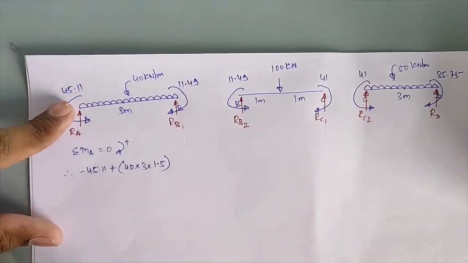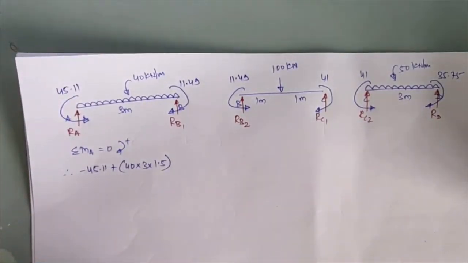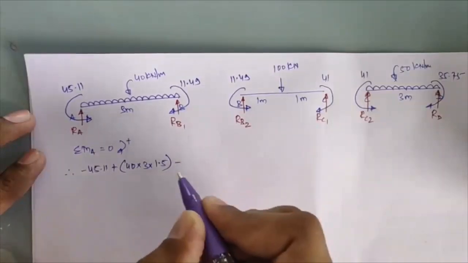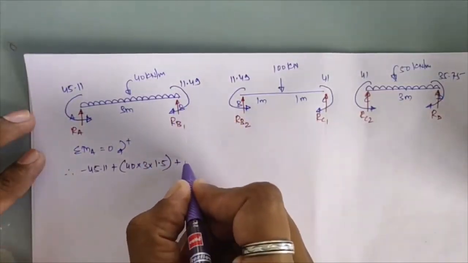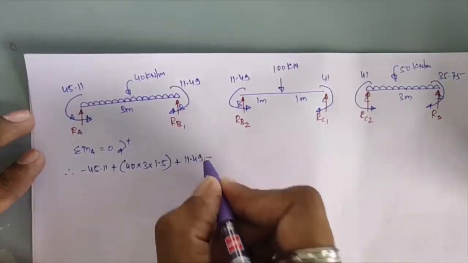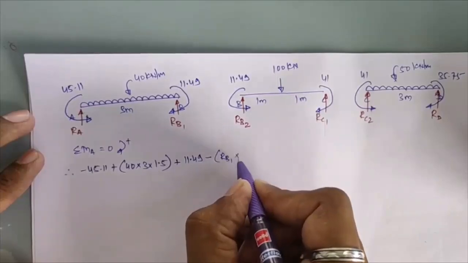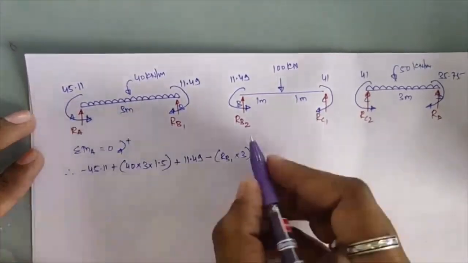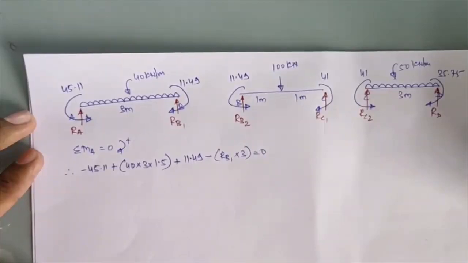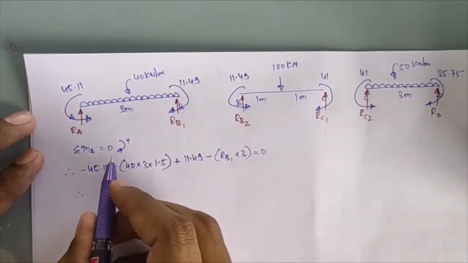You have to use SOM concepts over here, that is concept of SFD and BMD, simple. Okay, next this moment plus 11.49, and lastly moment of RB1 along the point A, that will come anti-clockwise, equal to 0.